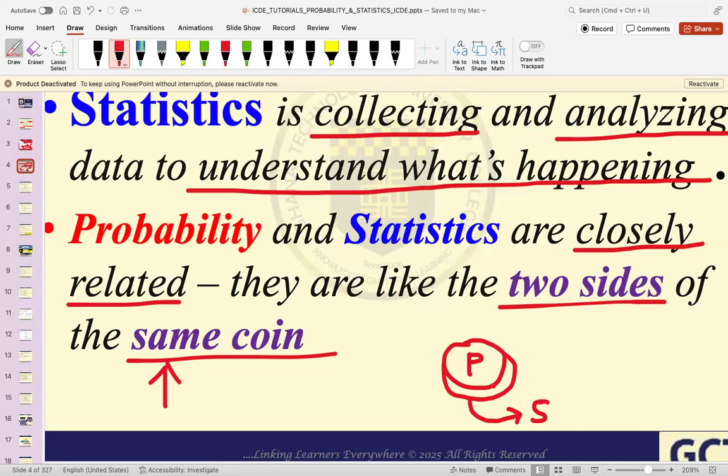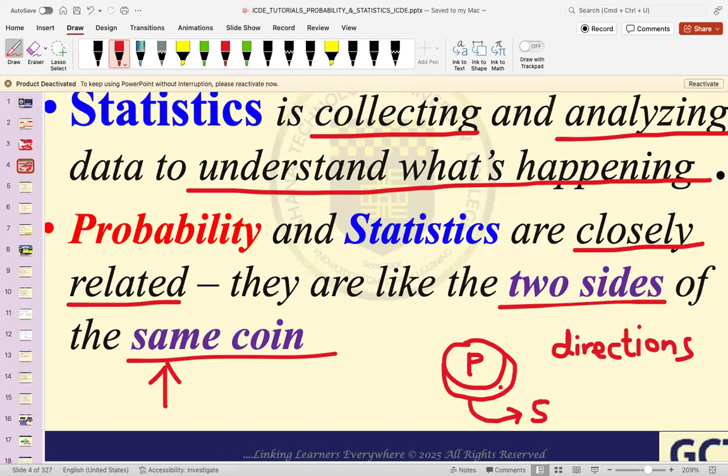So they belong to the same coin, but they are of different directions, meaning they are not playing the same roles.